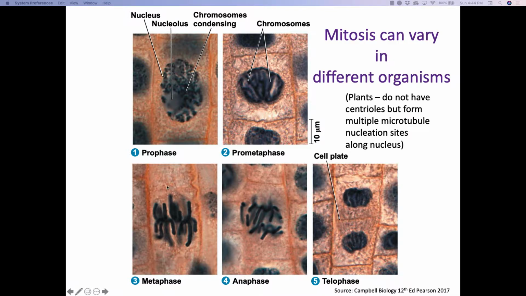However, you can tell that without the centrioles, the kinetochore fibers do not create this very focused pole as we see in animal cells. Nevertheless, when the sister chromatids separate, they're able to move in two opposite directions in the cell, to the two broader, less focused poles, and move into telophase.